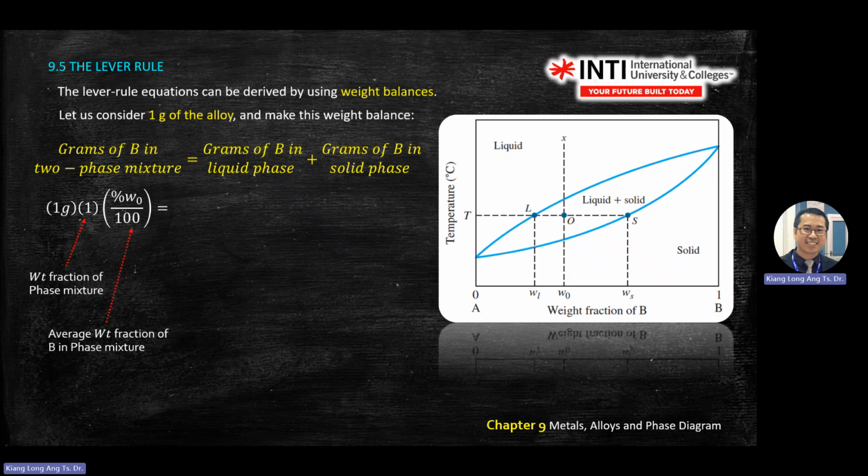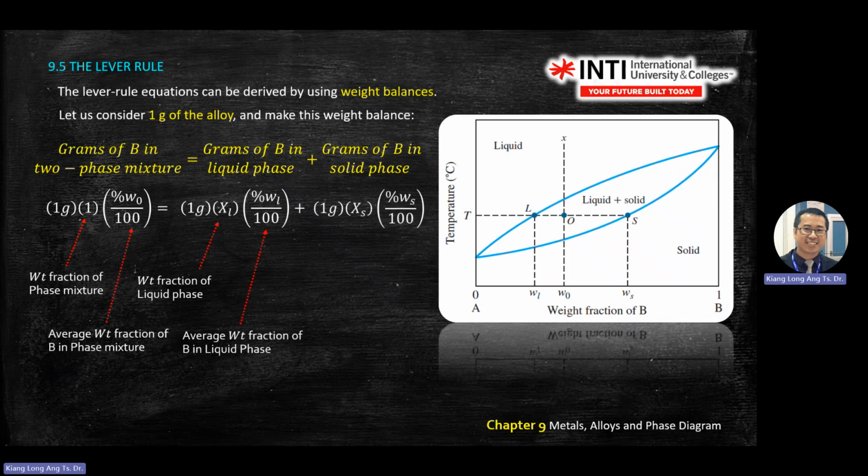So 1 gram multiplied by how many percent of that component in total is 1, multiplied by WO. WO is here, the X you are interested in. B in liquid form means 1 gram multiplied by XL. This is the fraction of L, right? Plus 1 gram multiplied by the solid fraction.